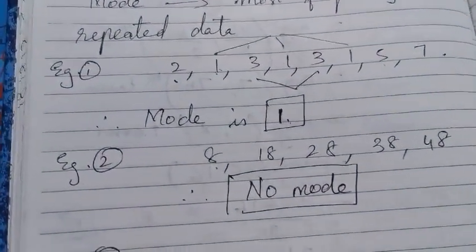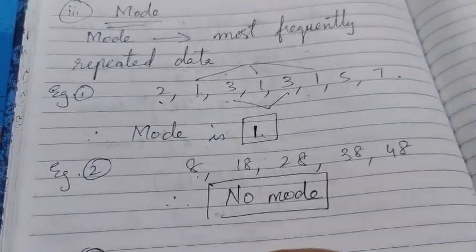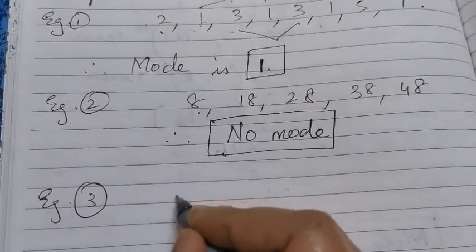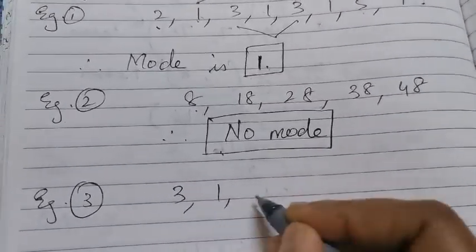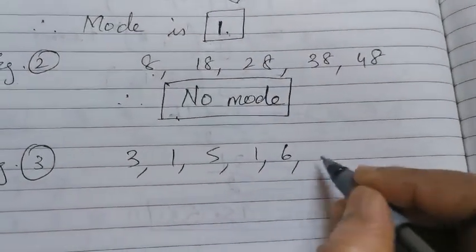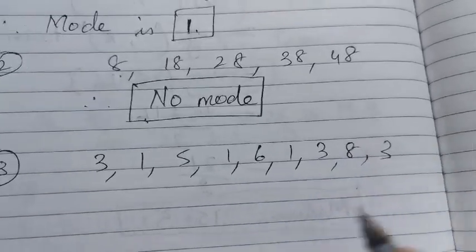In the next example, we will see a different set of data where I have 3, 1, 5, 1, 6, 1, 3, 8, 3.